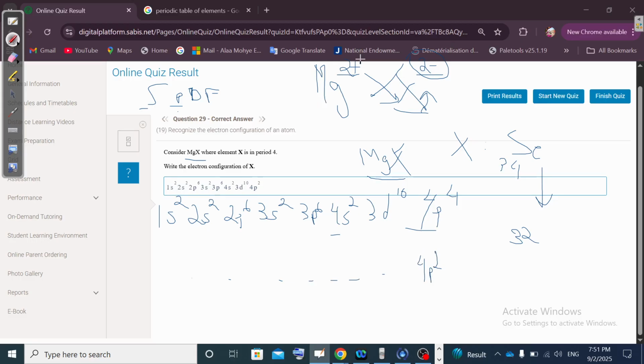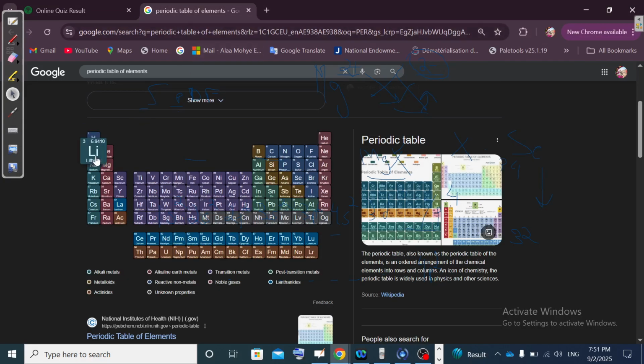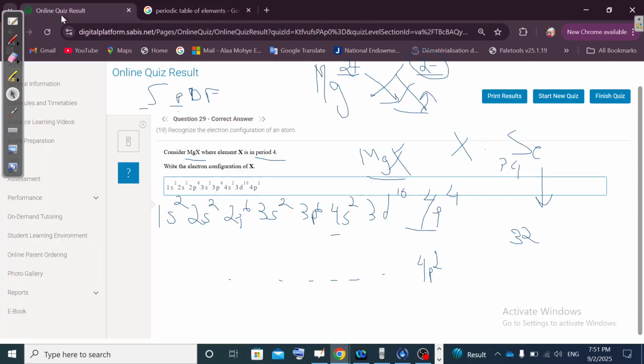Okay, so what did I do first? Mg2+. And I have an X. I don't know the charge. Then I see from the compound that it's MgX with no subscripts. So the crisscross cancel each other. That means that the charge must be 2. They told me it's in period 4. I go to my periodic table. Period 1, period 2, period 3, period 4. I go across. Here is charge -1, charge -2. So your element is selenium. So X is selenium. The atomic number of selenium is 34.